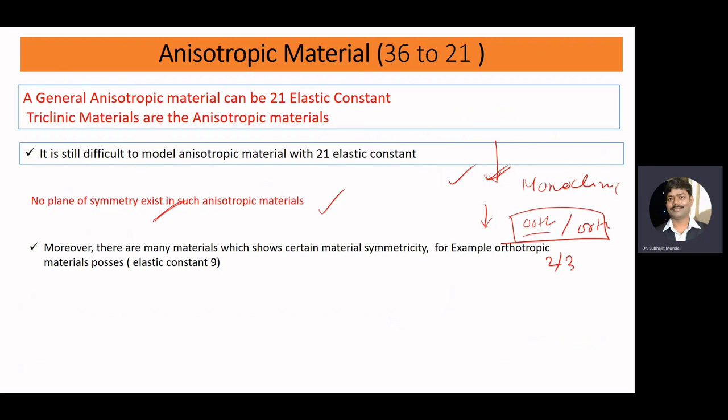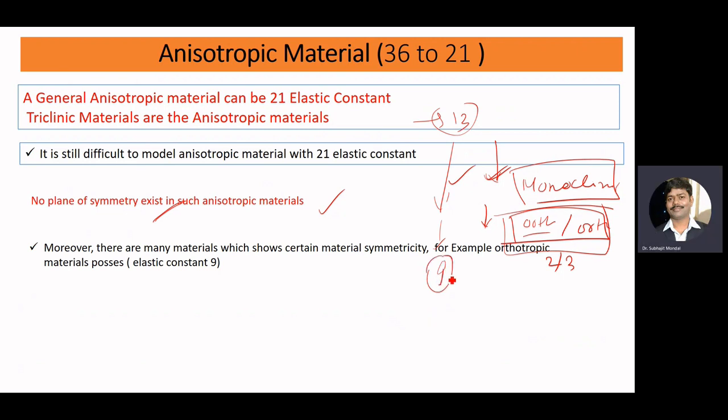Now we are going to see, if a material possesses 1 plane of symmetry, how many elastic constants we can have, and if a material possesses 2 planes of symmetry, how many elastic constants we can have. You will observe that if a material possesses 1 plane of symmetry, then the elastic constants reduce to 13. If the material possesses 2 planes of symmetry, then the elastic constants reduce to 9.